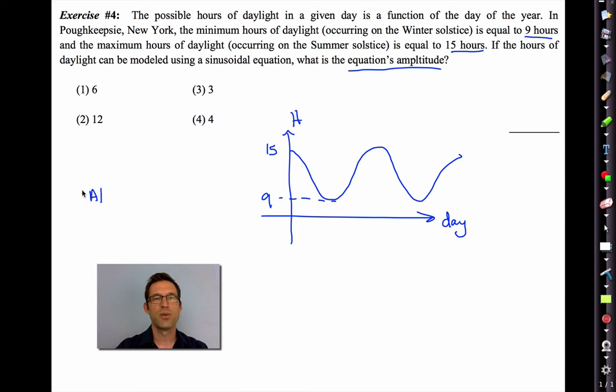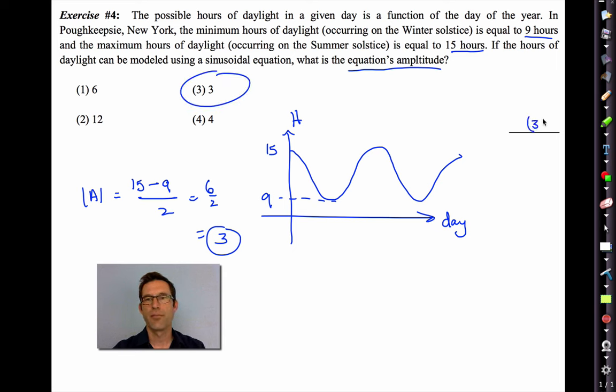Our amplitude can always be found by taking the max, subtracting the minimum, and dividing by 2. So we'll get an amplitude of 3. All right, that's it. Amplitude is always half of that distance.